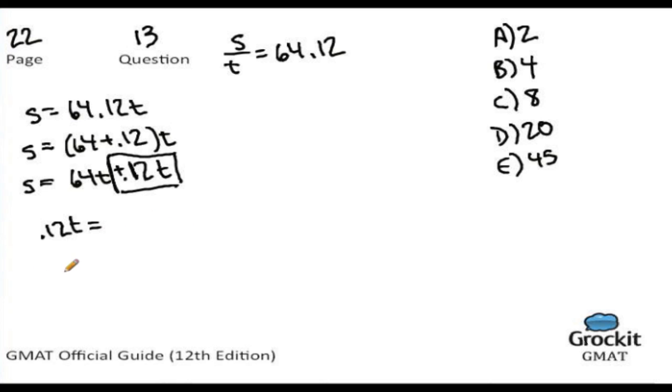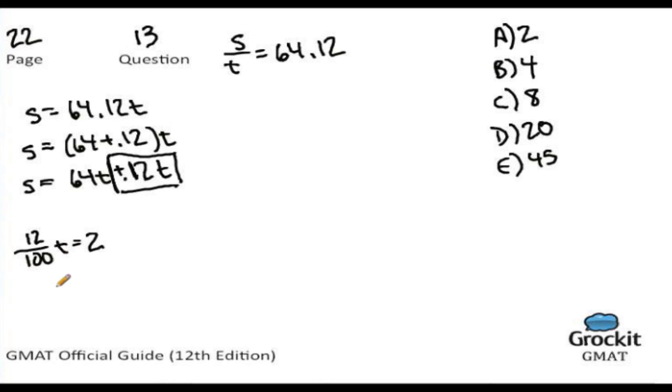It's perhaps easier to write it as 12/100ths t. So if 12/100ths t equals 2, we would multiply both sides times 100 and divide by 12 to isolate t on its own.